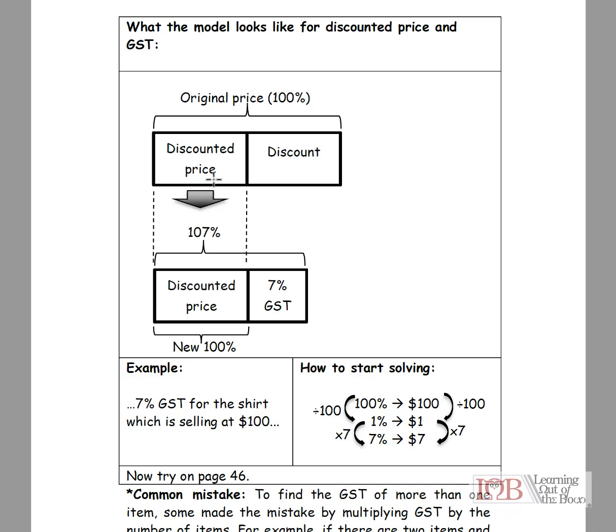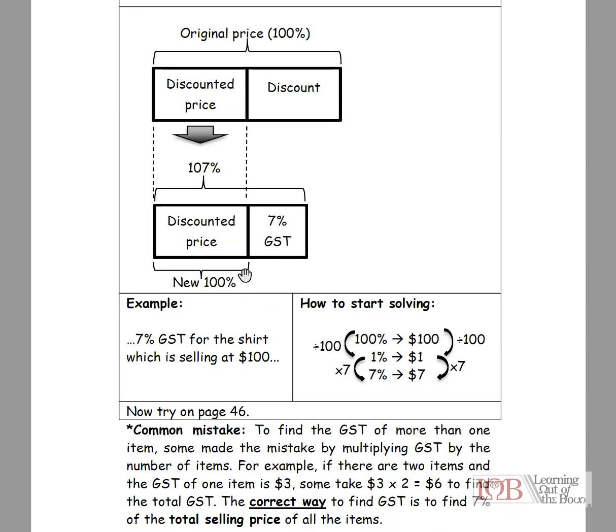Let's say there's a sale going on, and you have the discounted price after taking into consideration the discount. Now, how is the GST imposed? The GST is imposed in such a way that the discounted price is actually the new 100%. So you have to treat the discounted price as the new 100%, and then you add the 7% GST. To make it easier for children to understand, normally I will use the old 100% and the new 100%.